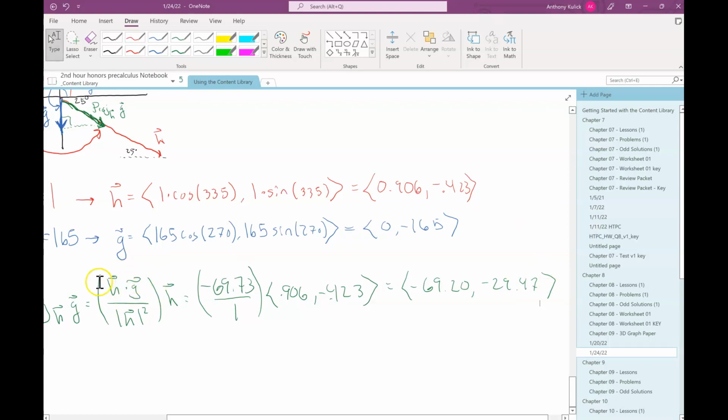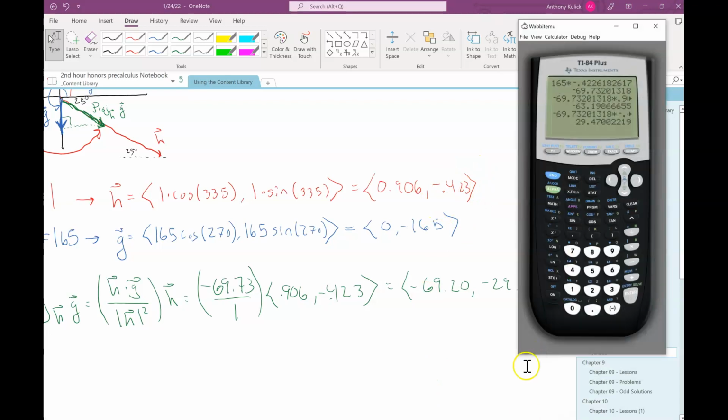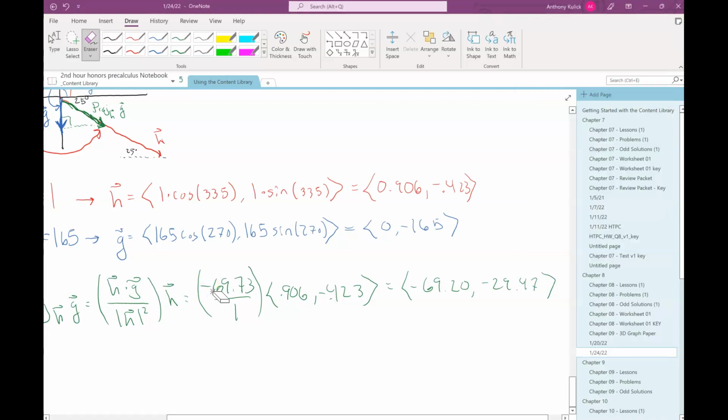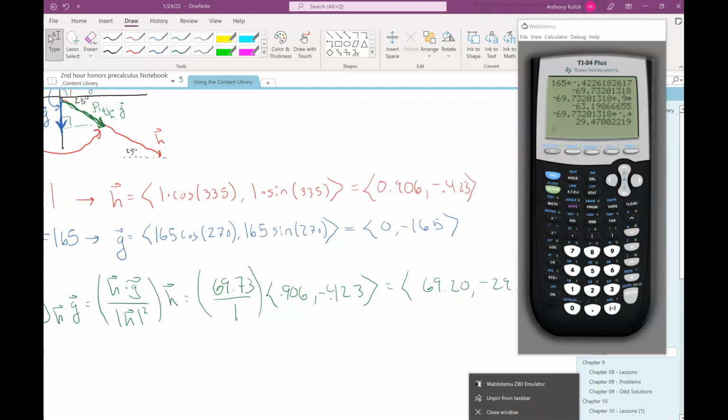That's the dot product of H and G. So I did 0 times 0.906, which is nothing, plus negative 0.43 times negative 165. Oh no, how did I get a negative there? I forgot the negativeness, so it should be positive here. So that's positive. And oh, that should still be negative. Excuse me. Thank you for catching that. Oops.